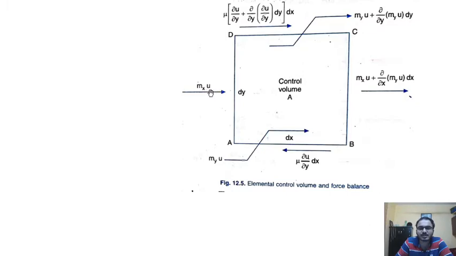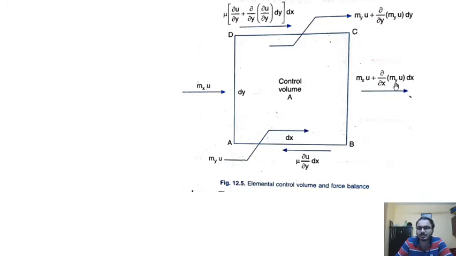Here we are only considering the x momentum, that's why we have the velocity component as u, and the mass flow rate on this face is mx. Similarly, the momentum leaving the face BC is mx into u plus del upon del x of mx into u into dx.